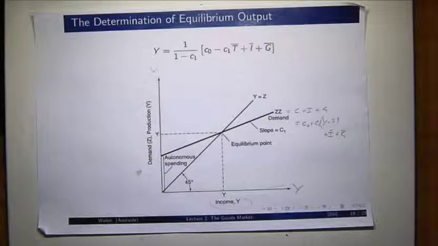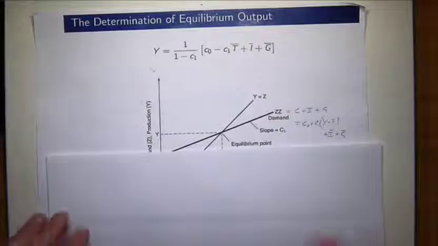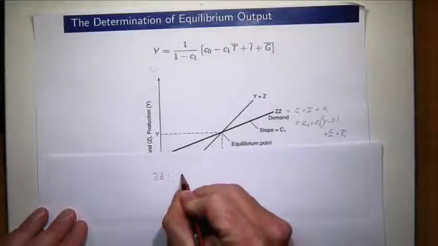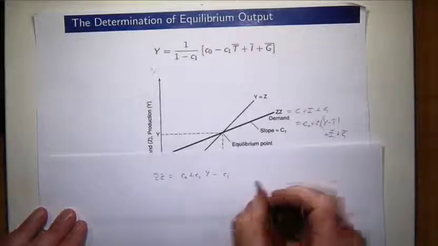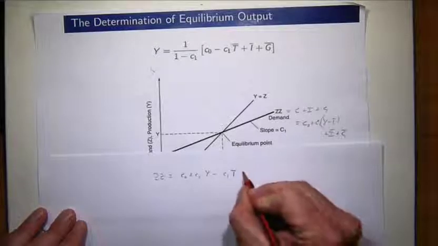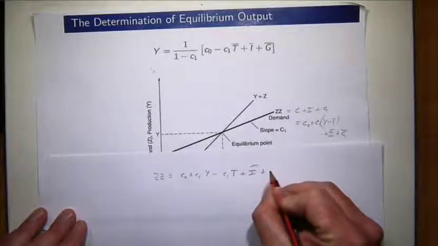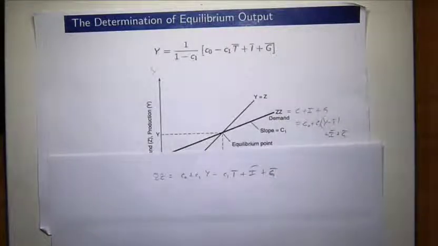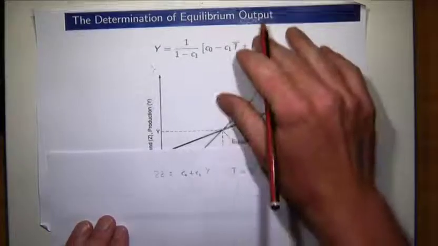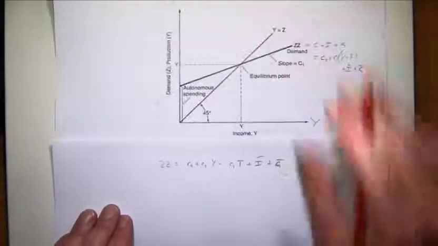Well, the variable that we vary here is income, y. So let's assume y is equal to 0. If y is equal to 0, what do we have? So we have demand is, you can see this, right? I'll probably write a little bigger. So that's our demand in this economy.